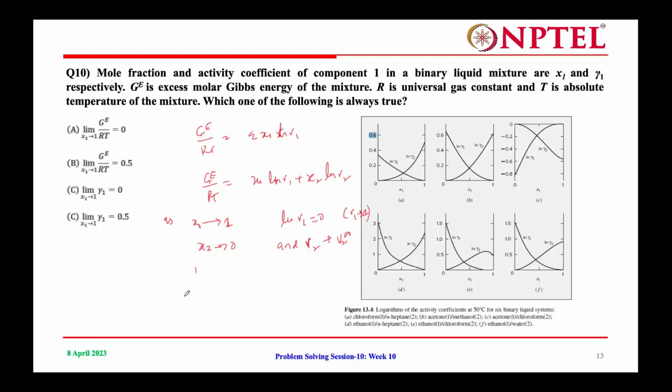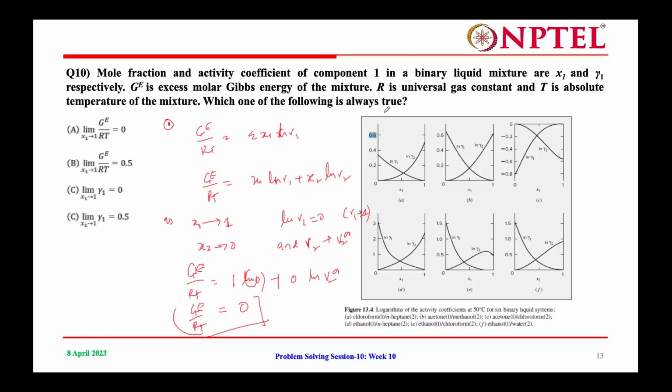So GE by RT equals 1 times ln gamma 1, which is 0, plus x2, which is 0, times ln gamma 2 to infinity, right? So 0. So GE by RT equals 0, right? So this is one method to check this.